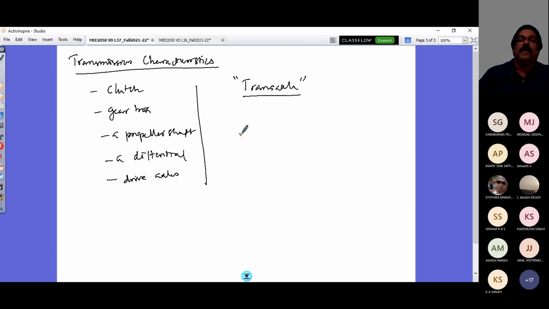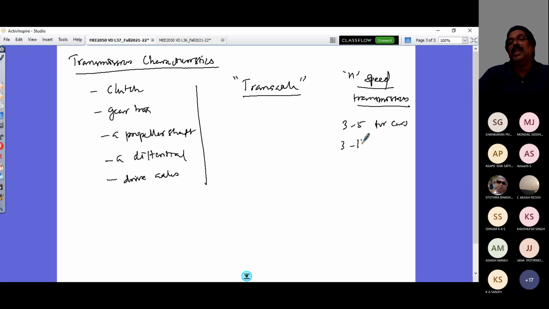So when I say transmission system, it is called N speed transmission. So it would be 3 to 5 for cars, or it can be from 3 to some 16 for heavy vehicles.